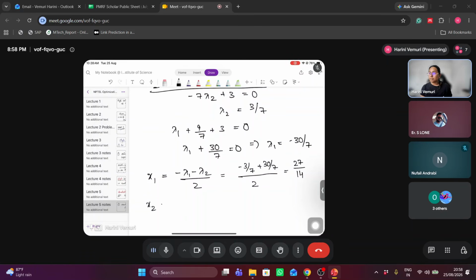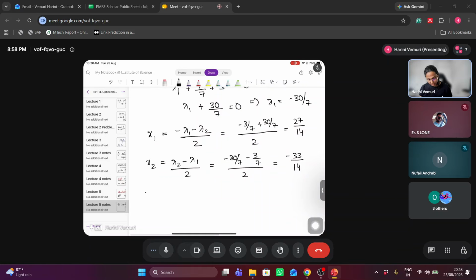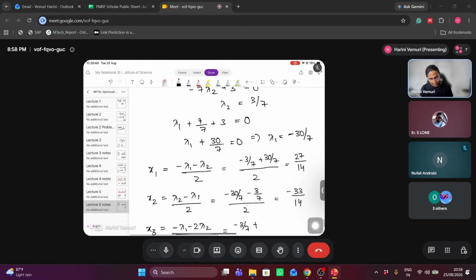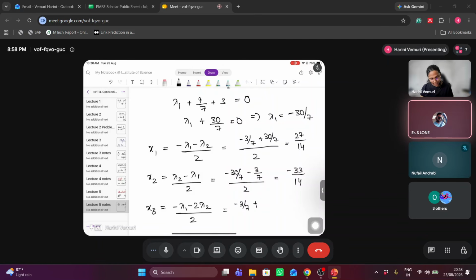Next, x2 is lambda 2 minus lambda 1 by 2, which is minus 30 by 7 minus 3 by 7, by 2, that is minus 33 by 14. Next, x3 is minus lambda 1 minus 2 lambda 2 by 2, that is minus 3 by 7 plus, since lambda, okay, 1 second.